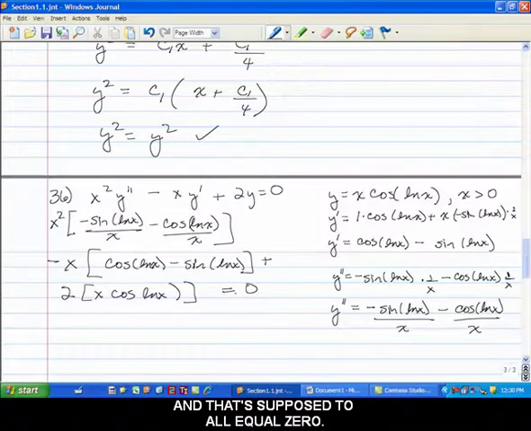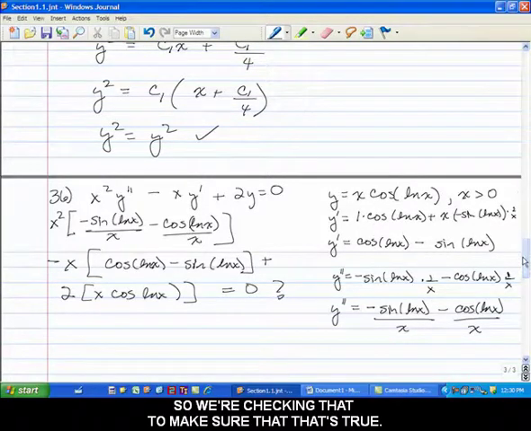And that's supposed to all equal 0. So we're checking that to make sure that that's true.